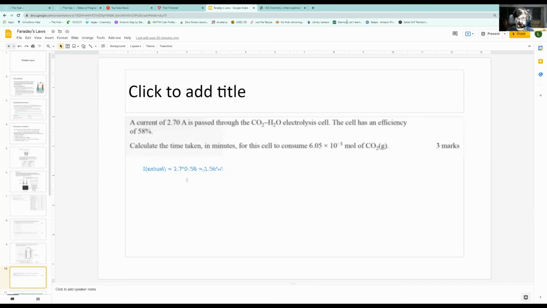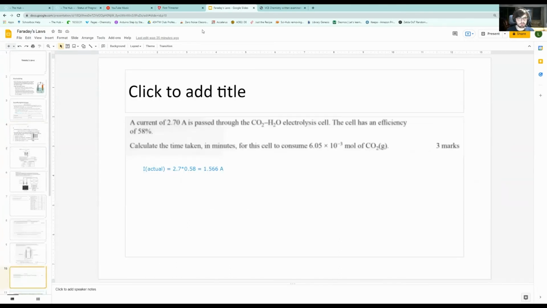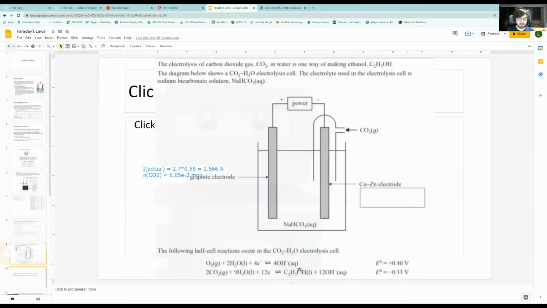Now we've been given the amount in mole. So let's look back at our pattern here. If we have the amount in mole, we should be able to find the amount of electrons, therefore find the amount of charge, and using our current, we should be able to find the amount of time it takes. All right, so the amount of carbon dioxide is going to equal 6.05 e neg 3 mole. And then if we go back, the ratio is 2 carbon dioxides per 12 electrons.